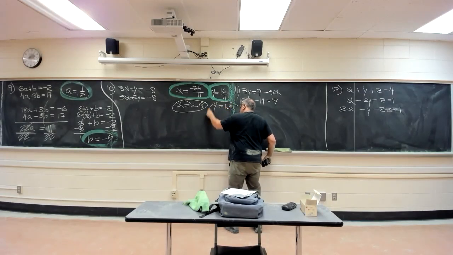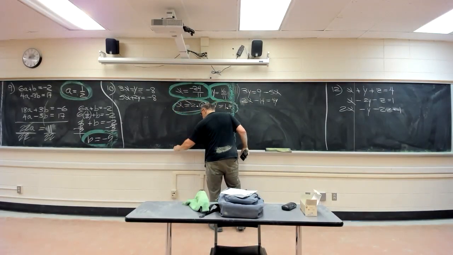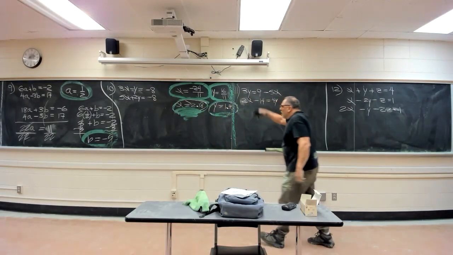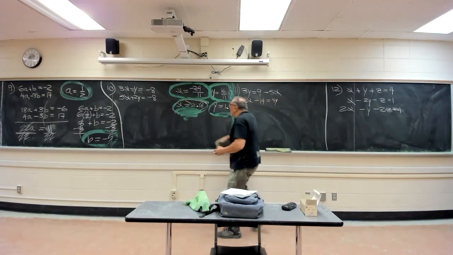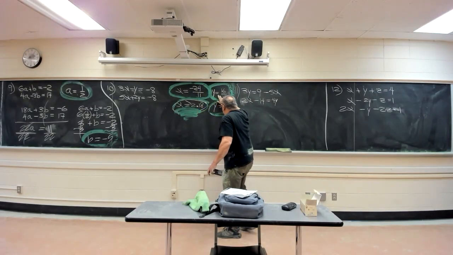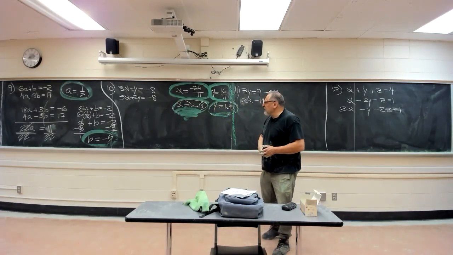Not by much, but it stays rounded like that. And that's the stuff that they were talking about. Negative 24 over 11 rounds to negative 2.18 to the nearest hundredth. 16 over 11 rounds to 1.45 to the nearest hundredth.